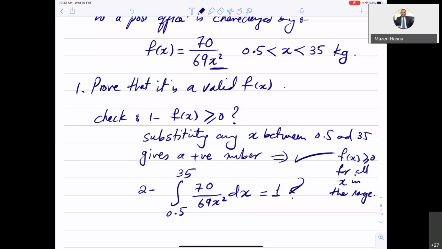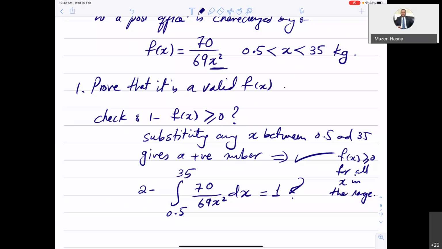Here it's because of x squared. The first example we did, it was because of e power x, right? It will become tricky, as I said, if you have x minus something, or minus x, or whatever. In that case, you need to look carefully at it.